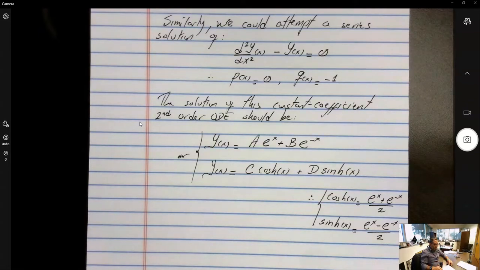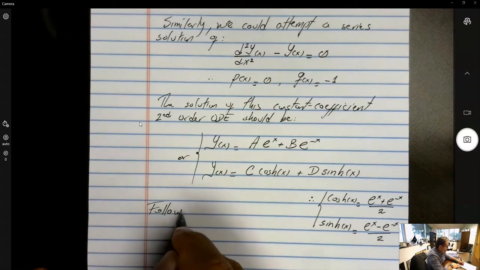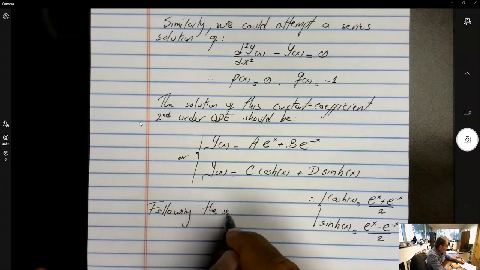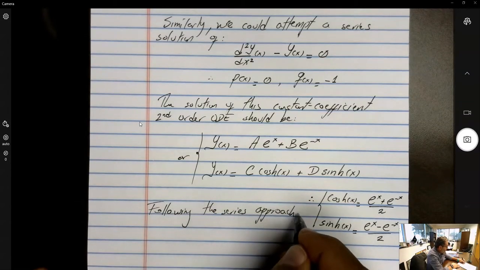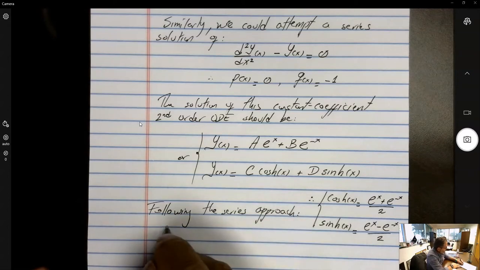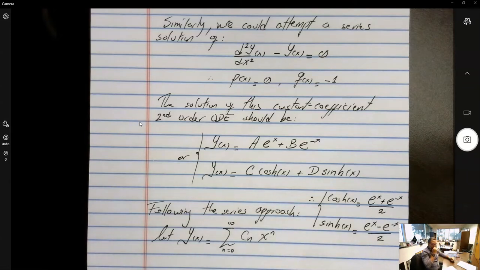So basically, following the series approach, that is the one that says let y of x equal the summation from n equals 0 to infinity of Cn x to the n, right?